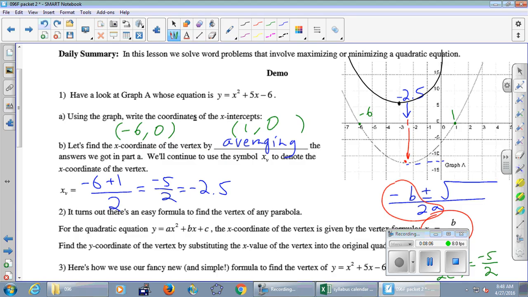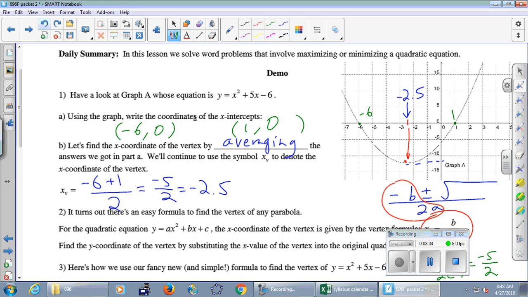So our method just breaks down completely in cases where we don't have any x-intercepts. But this negative b over 2a formula still works. So for the first time, we're going to do more graphing of parabolas today. I carefully chose the parabolas in the previous day when we graphed them so that none of them look like this. I had to give you ones where they all had x-intercepts because that was the only way we could find the vertex. But now we can do these kinds too.